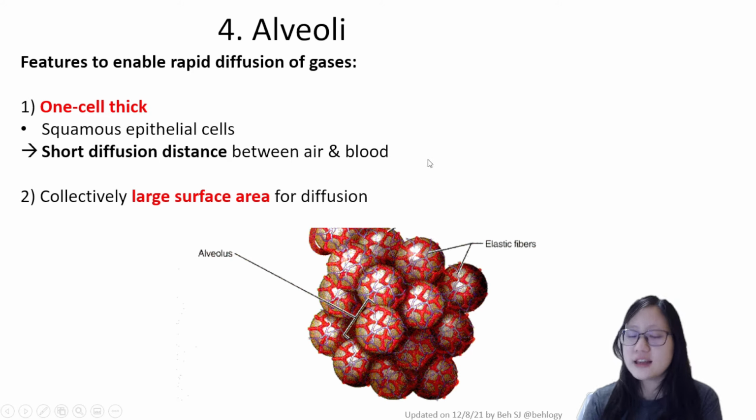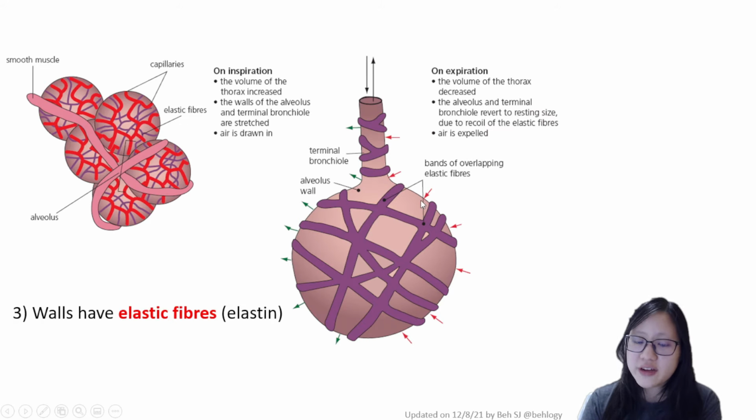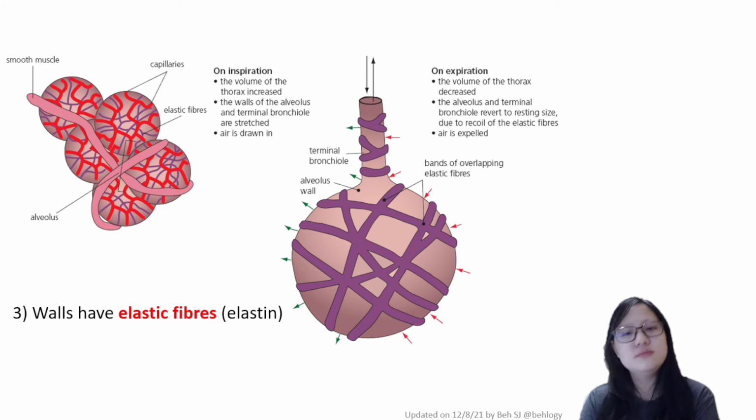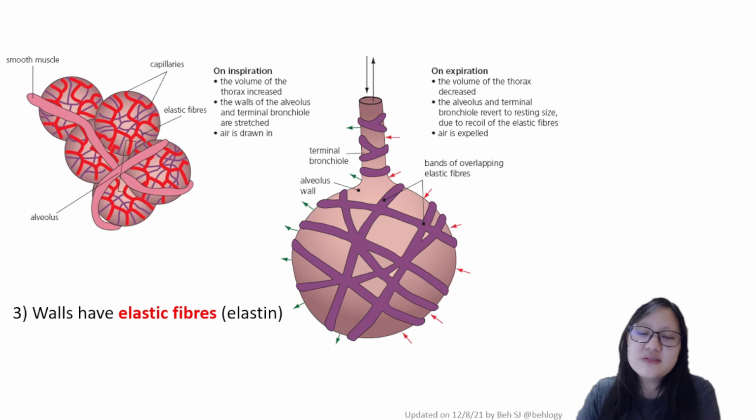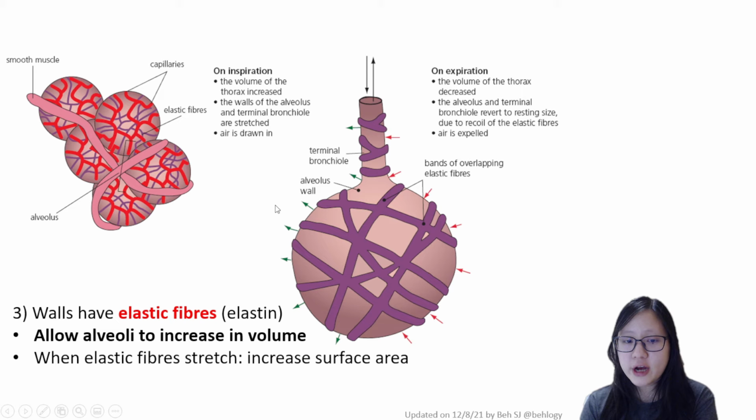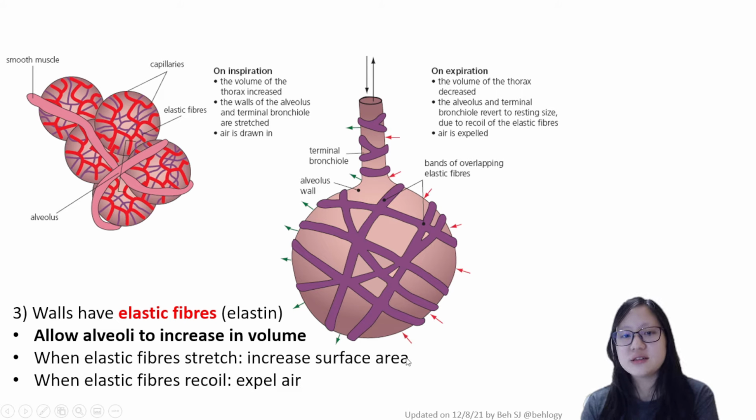Number two, collectively, because of its large surface area, diffusion goes at a higher rate as well. So large surface area, also really good for gas exchange. Number three, there are a lot of elastic fibers that we didn't mention just now. They're pretty much made out of squamous epithelium and elastic fibers. What are elastic fibers for? We kind of covered this just now as well, but elastic fibers can stretch and recoil. When it stretches, it increases the surface area.